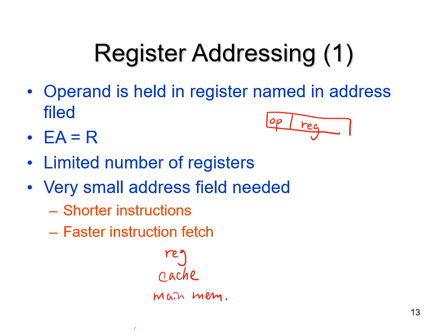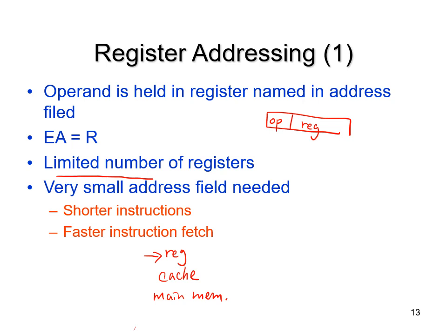Therefore, putting all of your data in registers should be a good idea, because it should speed up your execution. However, in the computer system, we have only a limited number of registers that we can use. Therefore, if your calculation involves too many register addresses, you will run short of registers.